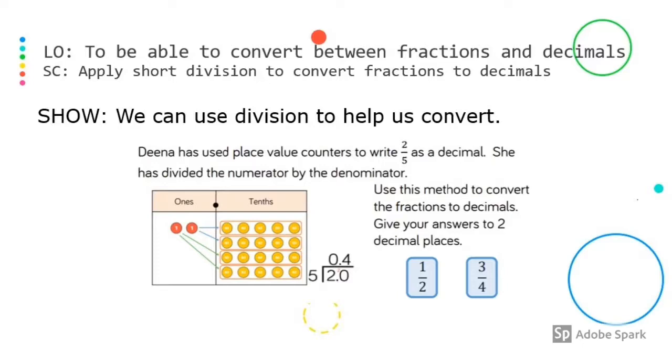Therefore, she writes the 4 after the decimal point at the top of the bus stop. She's worked out that her answer would be 0.4. Therefore, 2/5 is the same as 0.4.